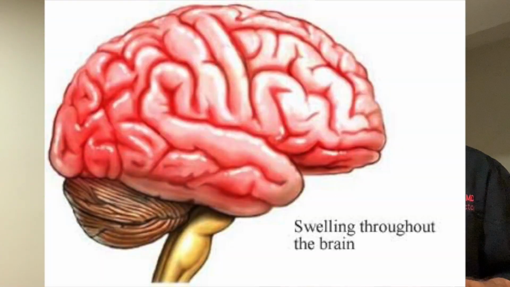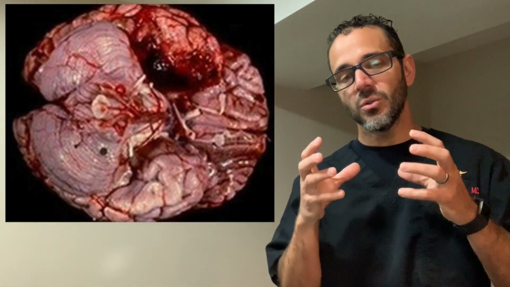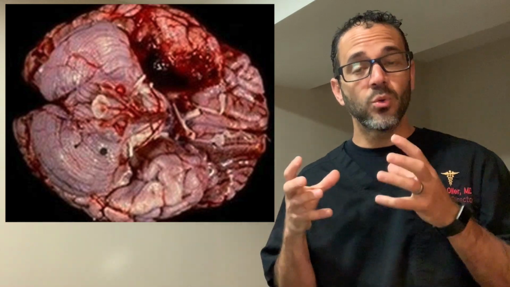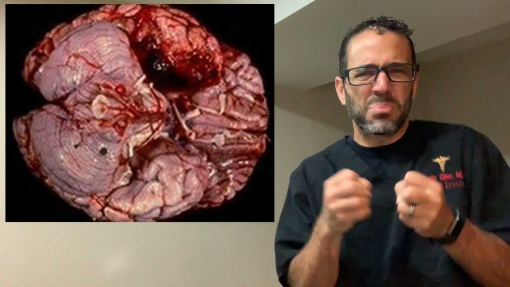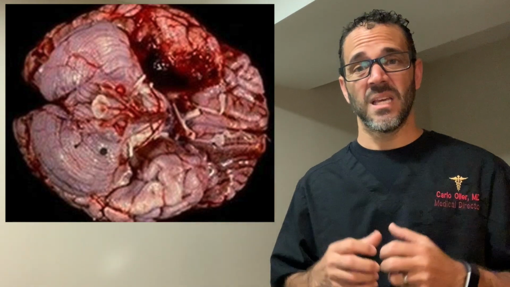In the next picture, I'll show you some inflammation, swelling, and redness of the brain, and a more graphic picture of an actual brain taken from somebody who died of encephalitis. You can see the destruction of the tissue, the redness, the bleeding spots. That is what encephalitis is.